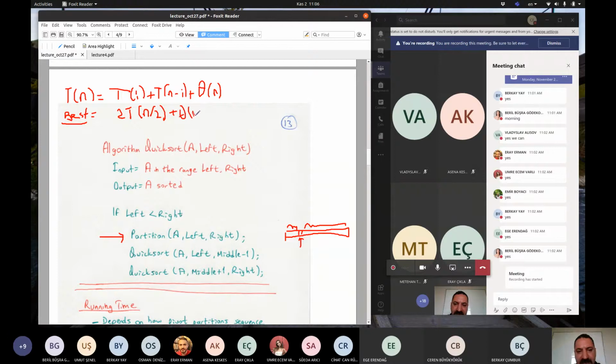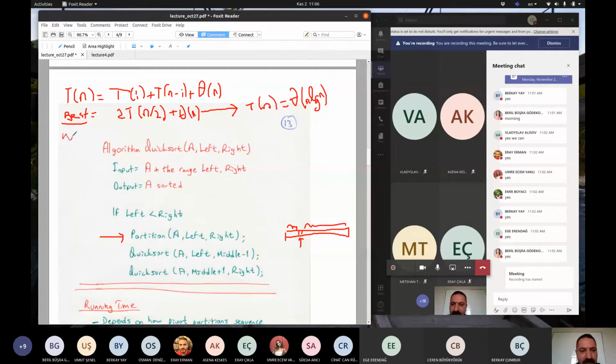And in our previous lectures, we had seen that if we have this recurrence, running time T(n) is theta of n log n. This is the best case analysis of the running time of the quicksort algorithm.